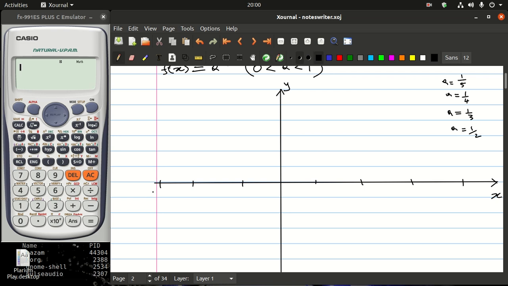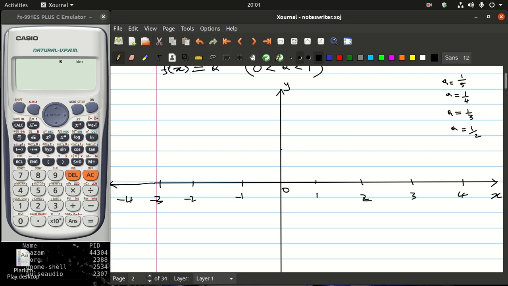So I'm gonna just pick a couple of points. This is 1, 2, 3, 4, and this is 1, 2, 3, 4. Of course this side is minus, and you have a 0 there.